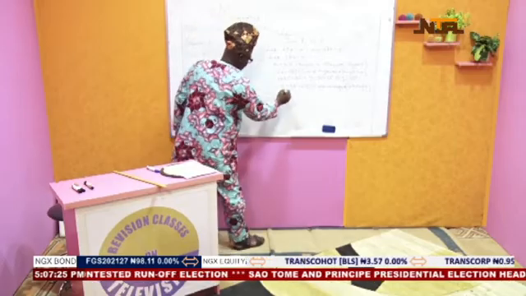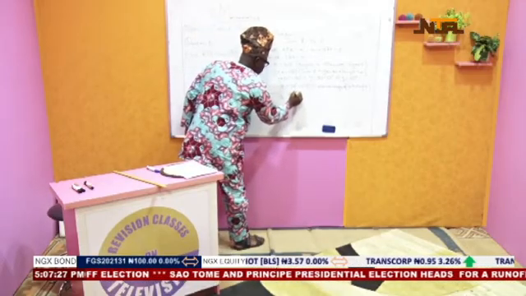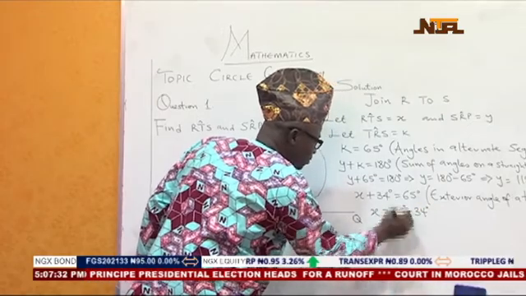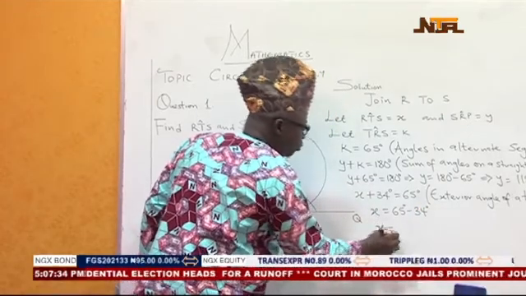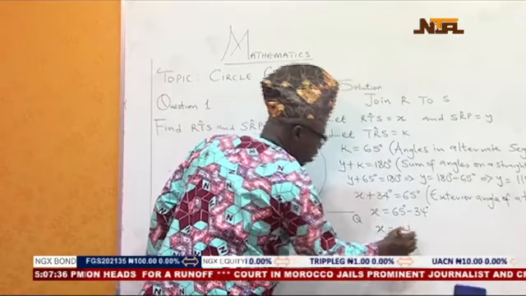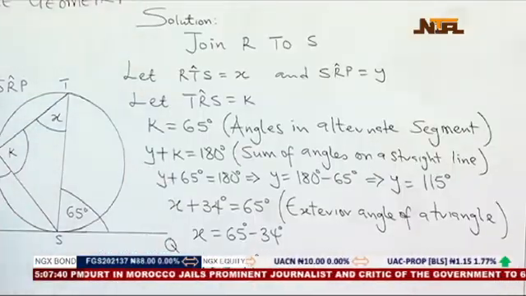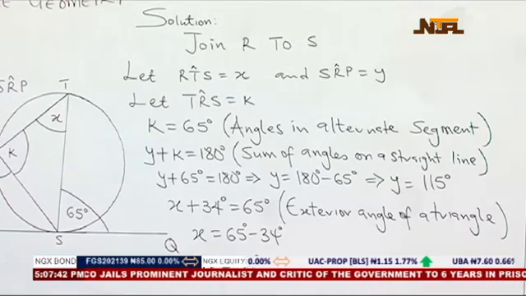So at this point, x is going to be 65 minus 34 degrees. 5 minus 4 is 1. Then 6 minus 3 is 3. So x is 31 degrees.